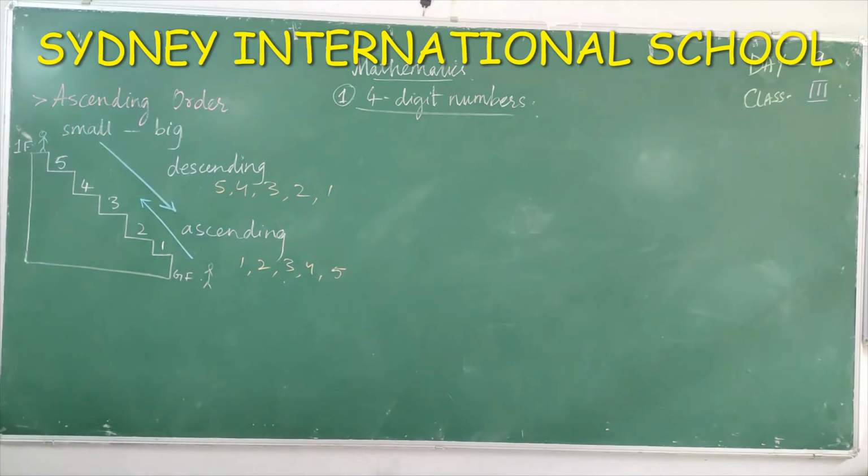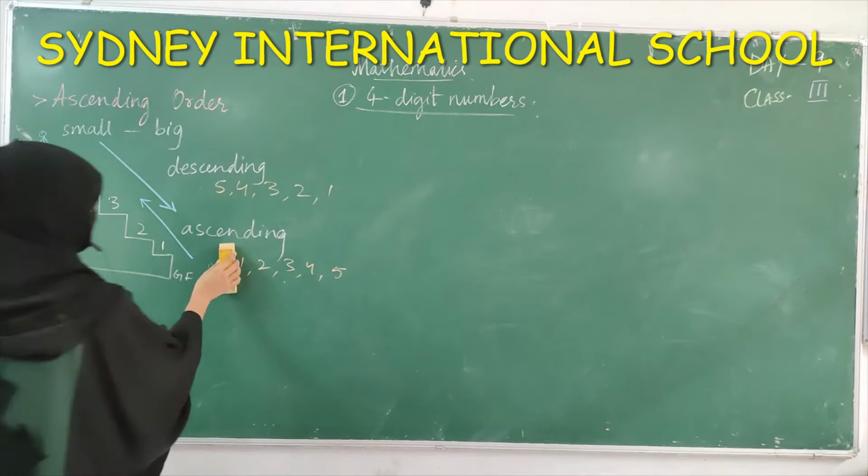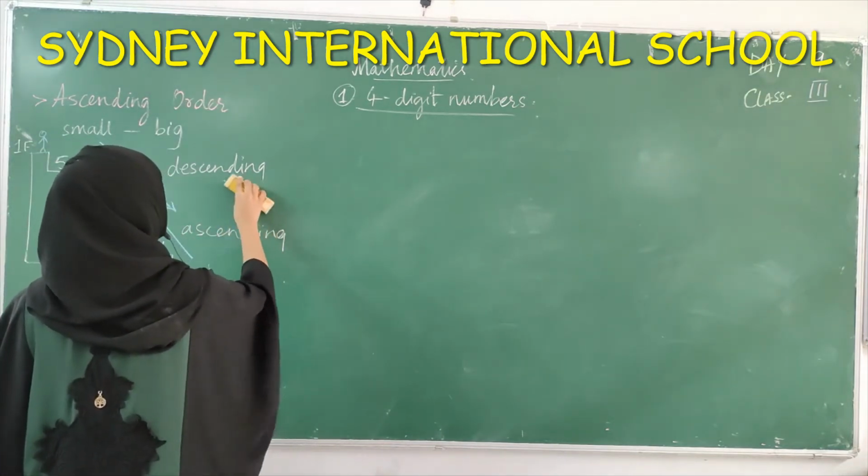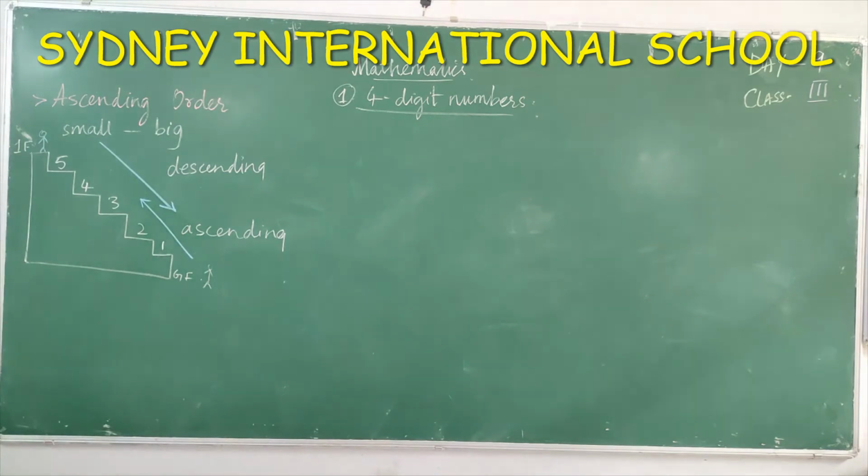Now, as in this chapter we have learned 4-digit numbers, we will look into one example of ascending and descending order using 4-digit numbers. I've written here ascending order is small to big. For your help, I'll write here descending order.